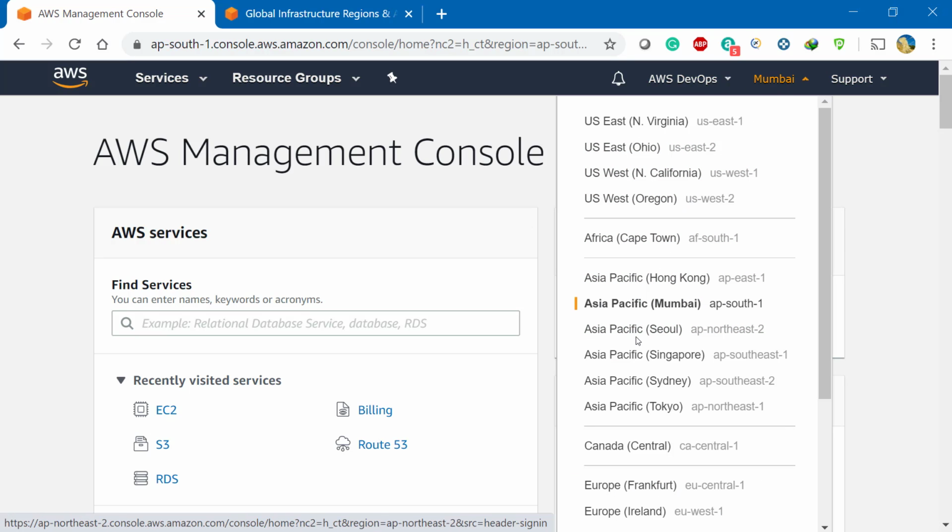If I create an EC2 machine here in Mumbai, I won't be able to see it in Hong Kong, Cape Town, Oregon, North California, Ohio, or anywhere else. The only place where I would be able to see that machine would be in Asia Pacific, Mumbai.